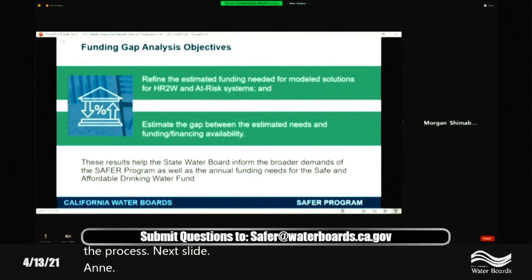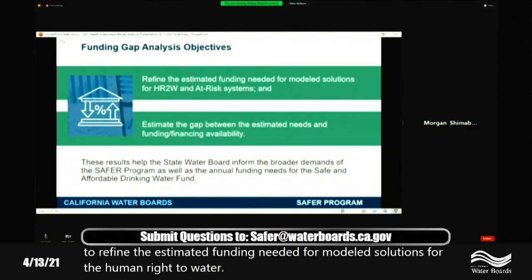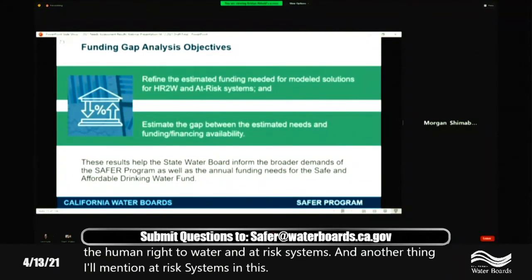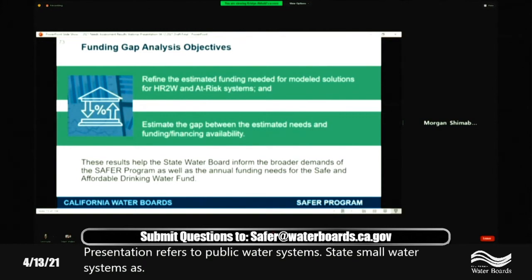There were two main objectives of the gap analysis. The first was to refine the estimated funding needed for modeled solutions for the human right to water and at-risk systems. And another thing I'll mention, at-risk systems in this presentation refers to public water systems, state small water systems, as well as domestic wells that were all on the at-risk list.